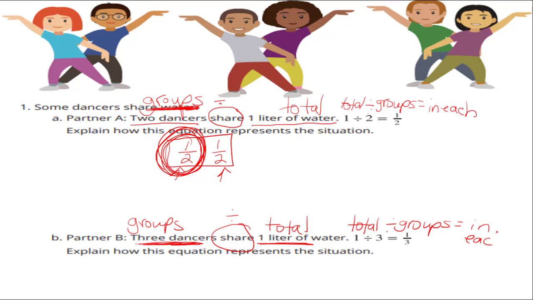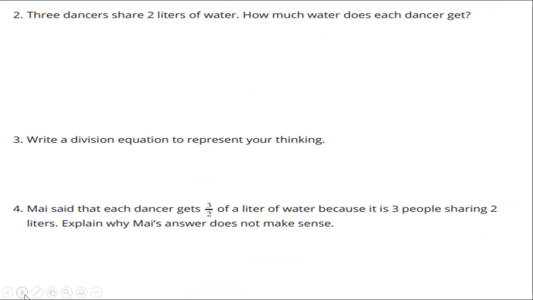How much water goes in each dancer. Okay, so once again, I'm going to draw this out. 1 liter, 3 groups. 1 out of 3, 1 out of 3, 1 out of 3. So each dancer gets 1/3.